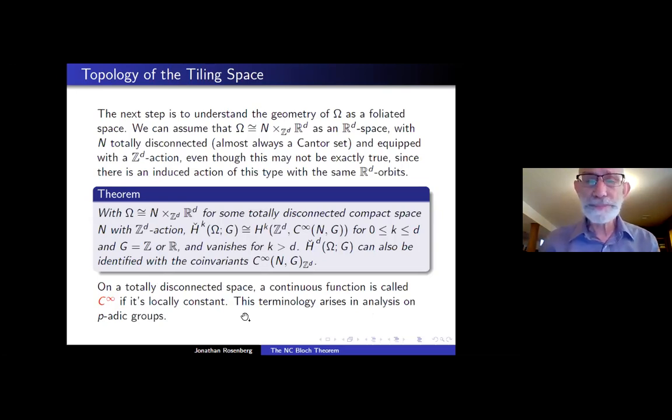So that's what we mean over here. Okay, so for example, if G is equal to Z, C infinity of N with values in Z is just the locally constant functions with integer values. And if G is equal to R, it's locally constant functions with real values.